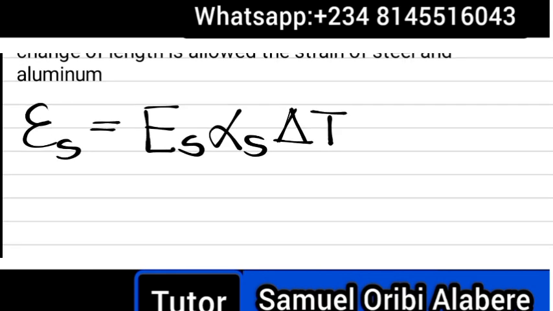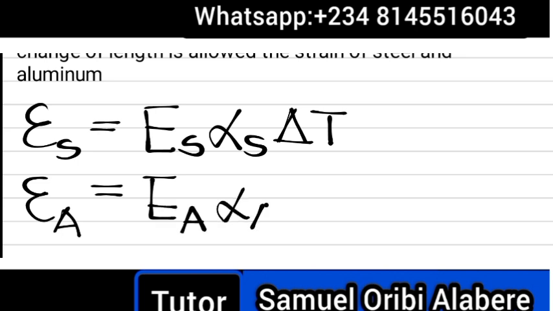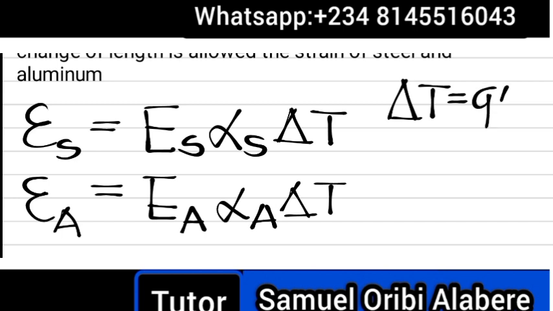While the stress in aluminium is equal to the Young modulus of elasticity of aluminium times the linear expansivity of aluminium times the change in temperature of aluminium. You should take note that the change in temperature here, for both steel and aluminium, is equal to 90 degrees Celsius as given in the question.